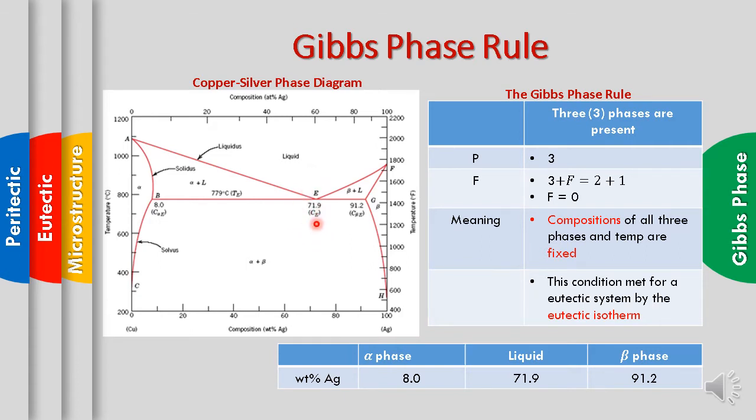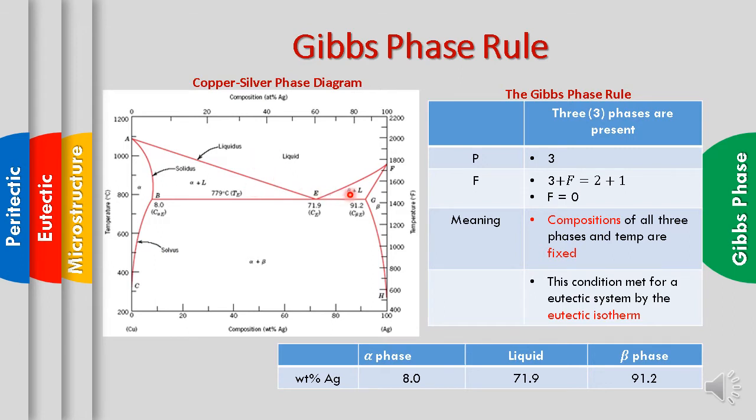At this area, when we increase or decrease the temperature at a certain amount of Ag percentage, the solid solution will 100% transform to a liquid. If we compare to this, it will transform to alpha plus L first, and then go to the liquid.